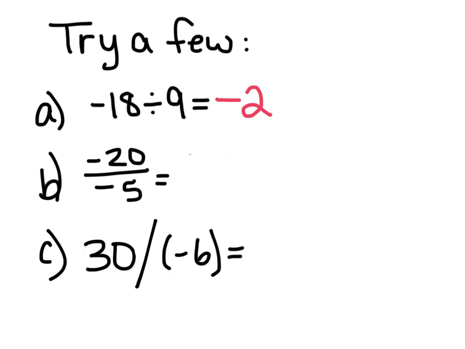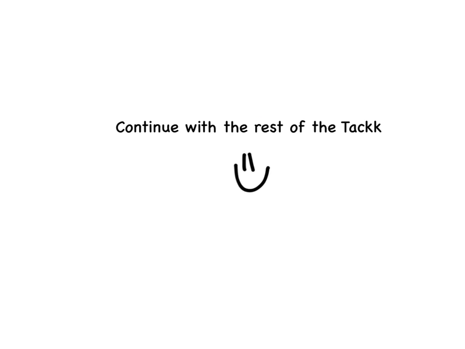For B, I have a negative divided by a negative, so the signs are the same. My answer will be positive, and 20 divided by 5 is 4. And for C, I have a positive divided by a negative, which means my answer will be negative, and 30 divided by 6 is 5.